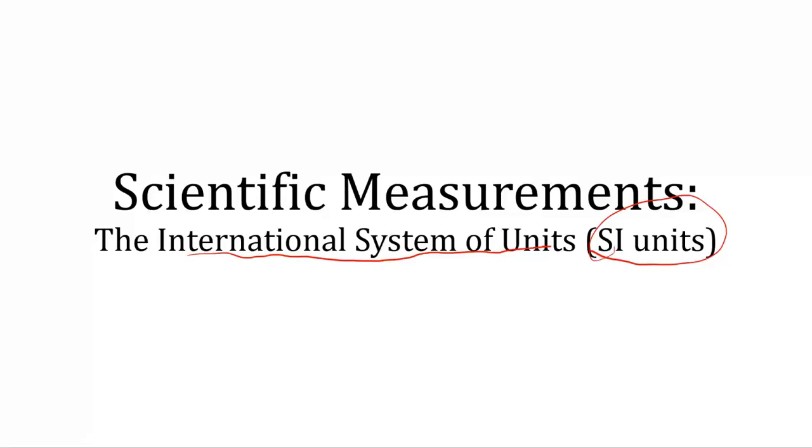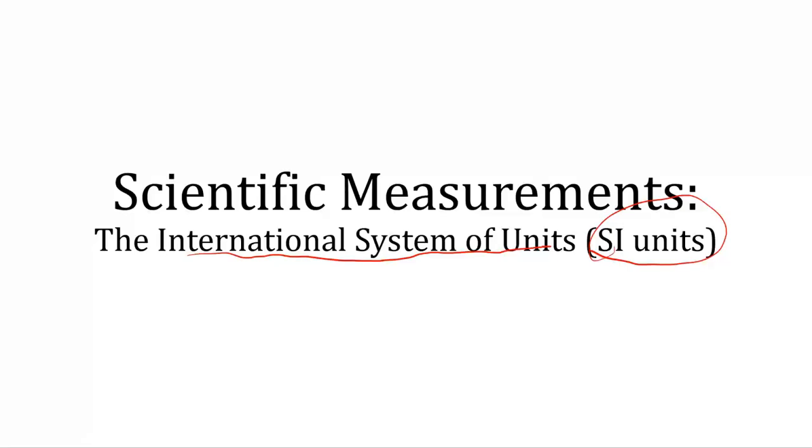Like, maybe us in America, we were using things like feet and inches and miles to study the distance of something, and then you go into Great Britain or you go into another part of the world and they're using things like meters, and you go into another part of the world and they're using like cubits, different measurements. It would be really hard to look at the data from other people's studies and see how it matches with your data when we're all using these different units.